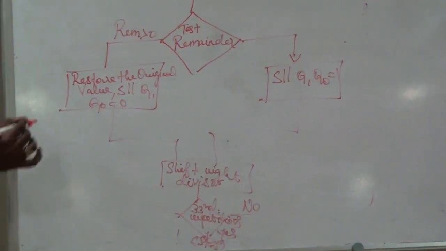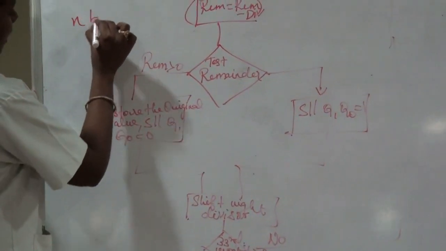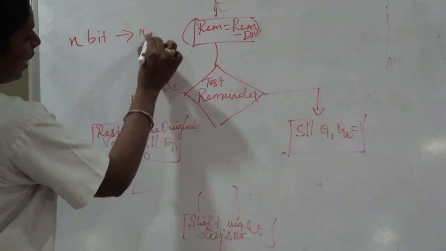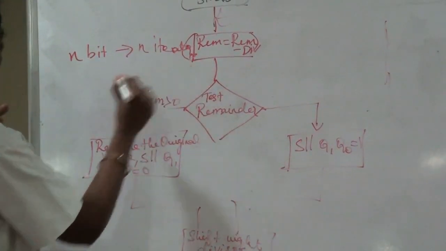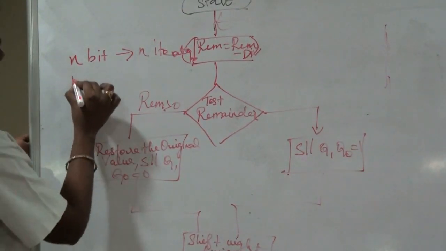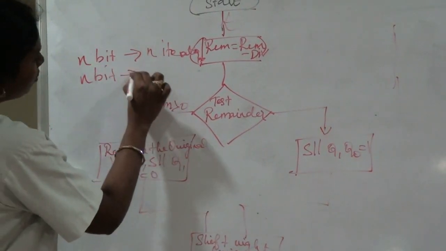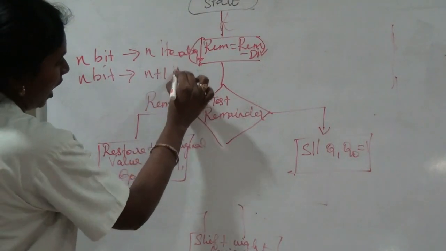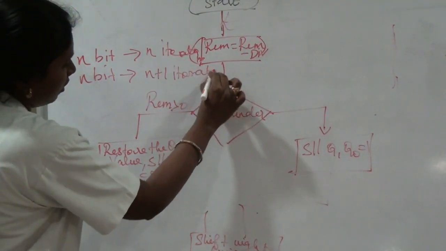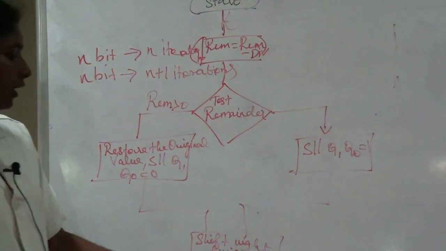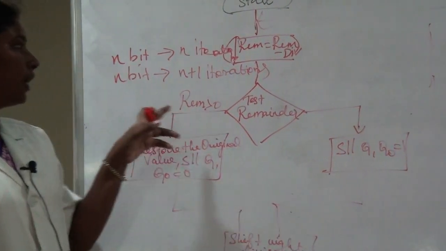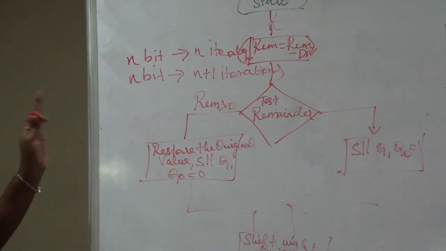In multiplication, for n bits we have to perform n iterations. Similarly in division, n bits means we have to perform n plus 1 iterations. That's why we have to perform 33 repetitions here. In multiplication we have to perform only n iterations.